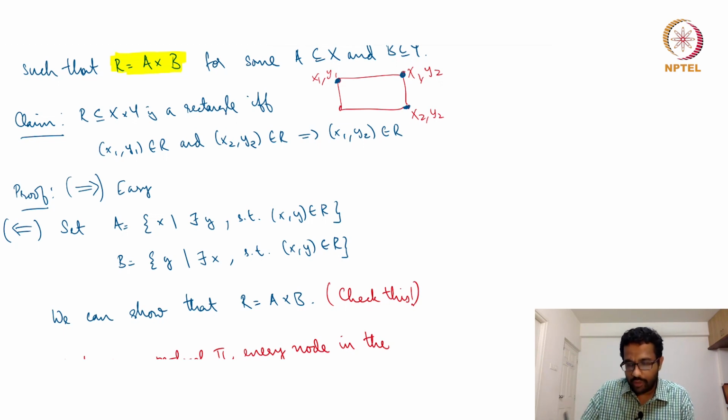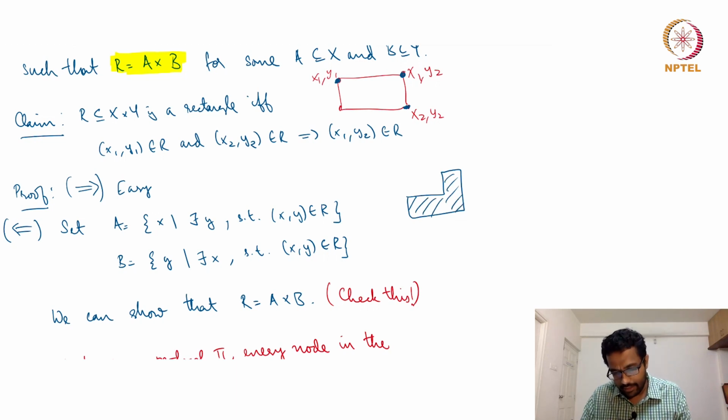Then we have to show that R cannot be of something like this. It has to be a proper rectangle. So the answer is, consider the set of all x's for which (x, y) is in R, and call this A. So that is the projection onto the x domain.